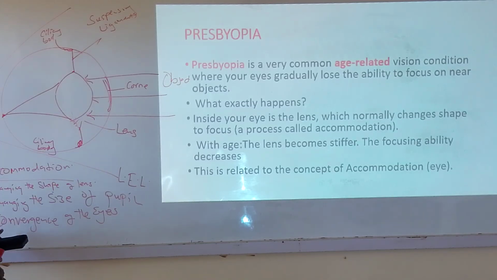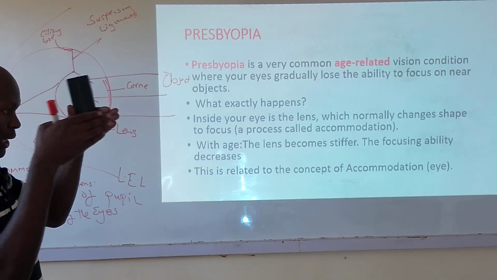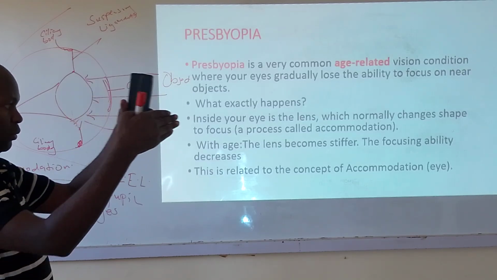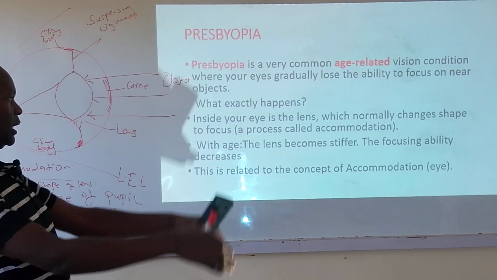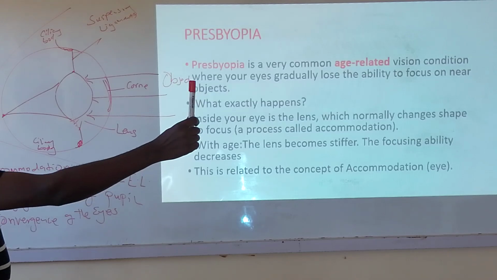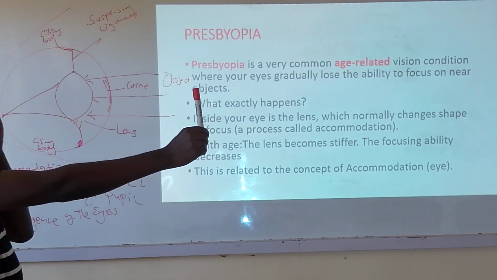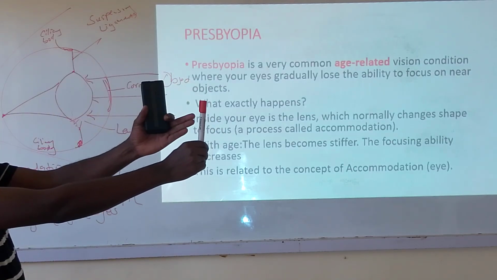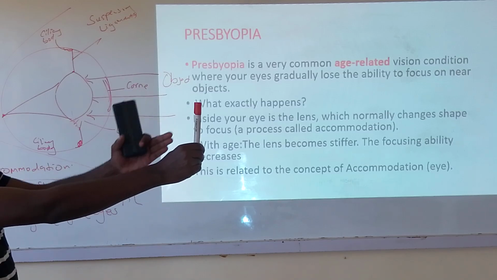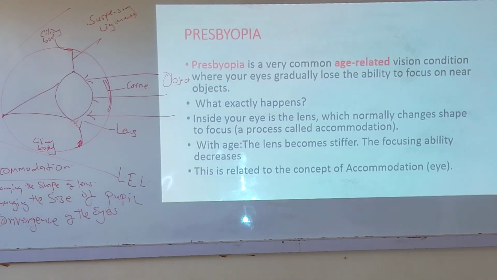When we talk of convergence of the eyes, it means these eyes have to move to align themselves inwards, all of them, as they focus on that single object. For example, if I'm focusing on this pen, then this eye and this eye are supposed to converge, and all of them are supposed to focus on this pen. So those are the three components of accommodation.